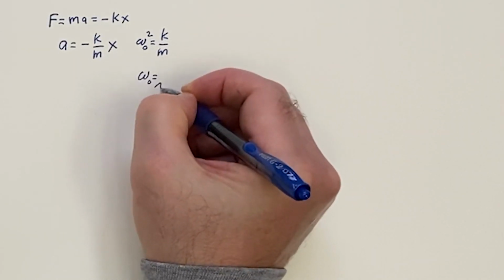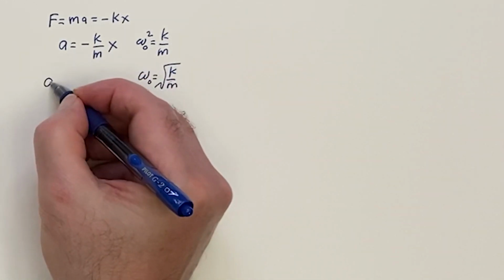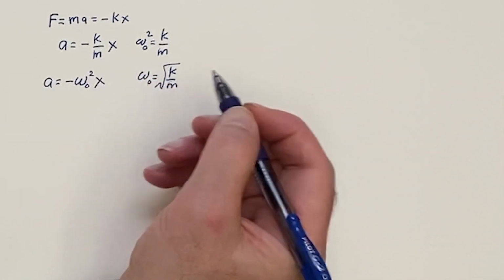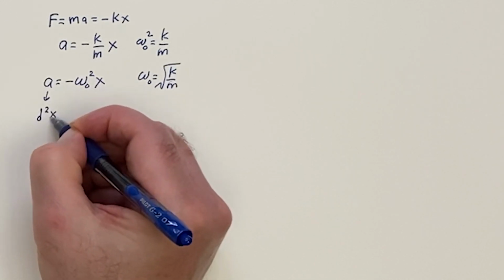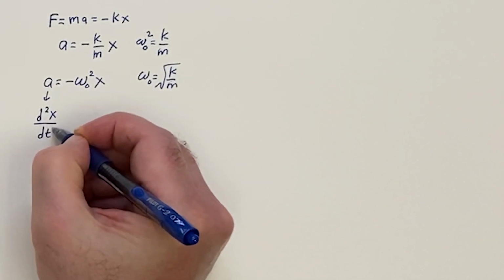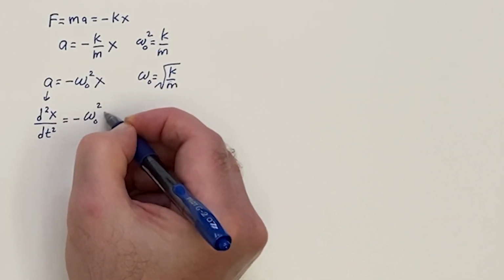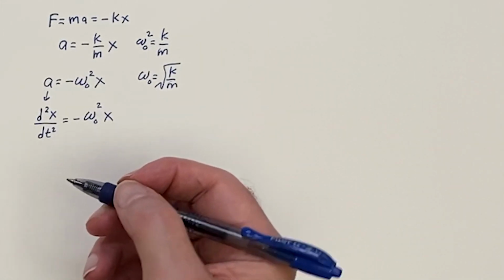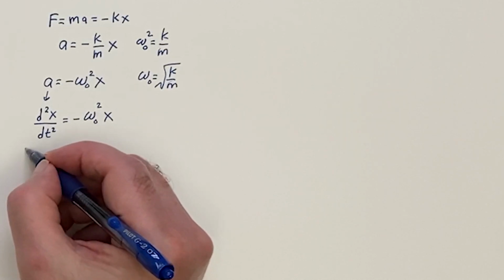So omega naught is the square root of k over m. Then you have a is minus omega naught squared x, and this is basically saying the second derivative of x with respect to time gets you back the same function x with some constant in front, and we know that cosines and sines do that. When you take the derivative twice, you get the same thing back with the constant.